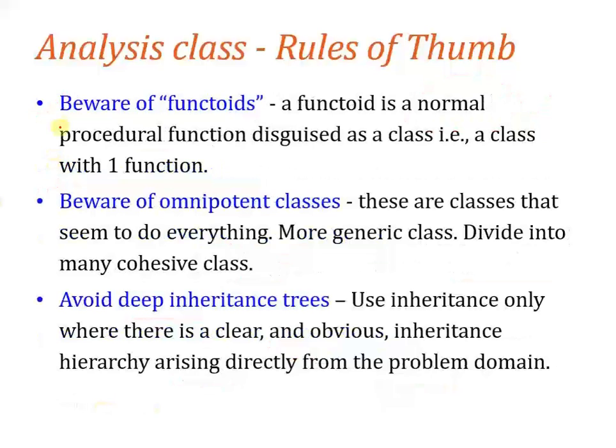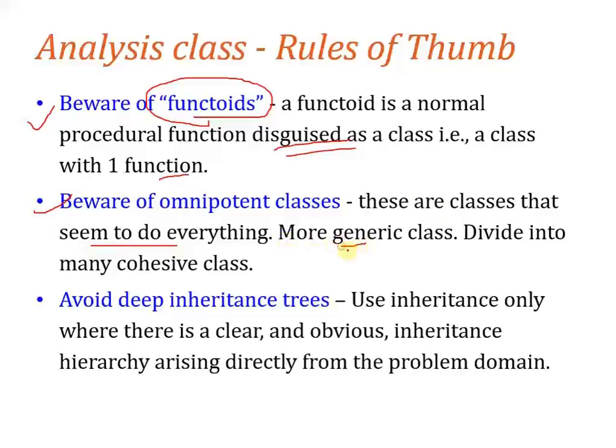The next main rule of thumb is to beware of functoids. A functoid is a normal procedure or function which is treated as a class, that is, a class with only one function. A class having only one function is termed a functoid class, and that should be avoided. Beware of omnipotent classes. Omnipotent classes are those which seem to do everything.